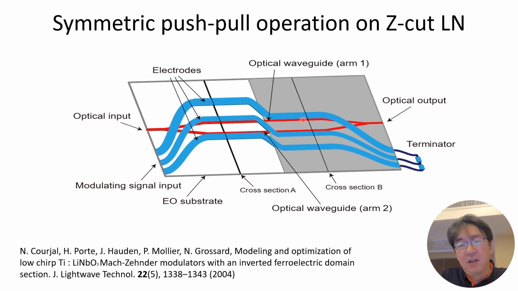So in total, -1 would be squared. I mean, -1 times -1 equals +1. So we can keep the modulation efficiency, and we can increase the symmetry in the modulation scheme. So we can achieve almost symmetric push-pull operation even in the Z-cut lithium niobate modulator.